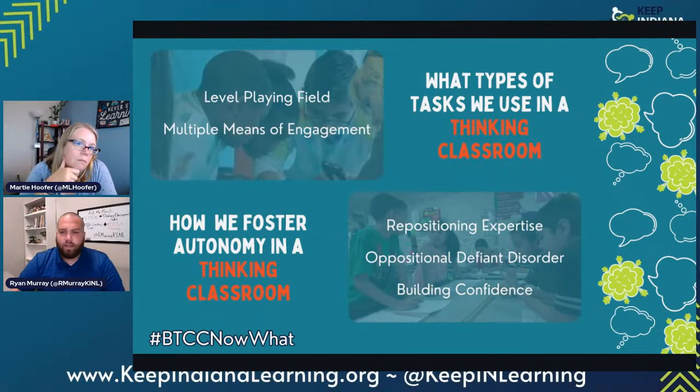All right. The next practice, what types of tasks we use in a thinking classroom. Obviously, we want to use thinking tasks, but what I love even more than just the idea of using thinking tasks is starting with non-curricular thinking tasks.